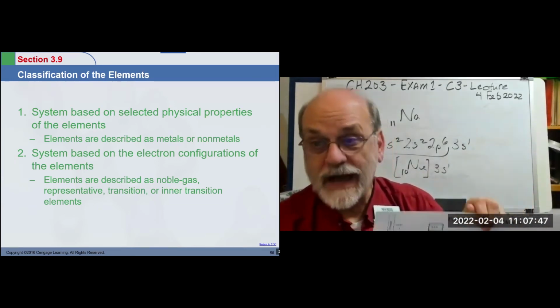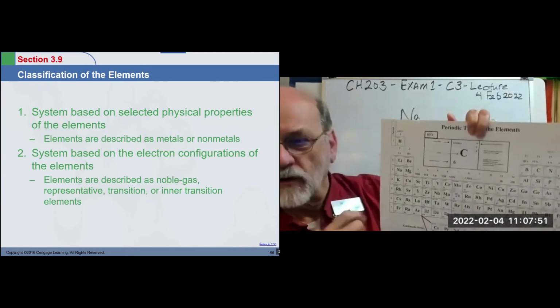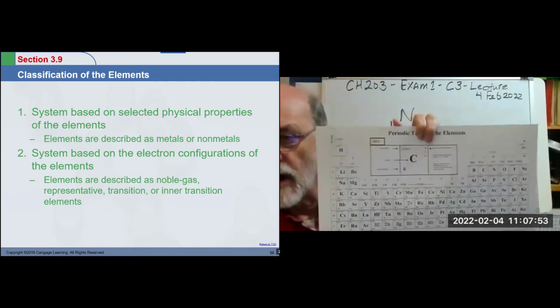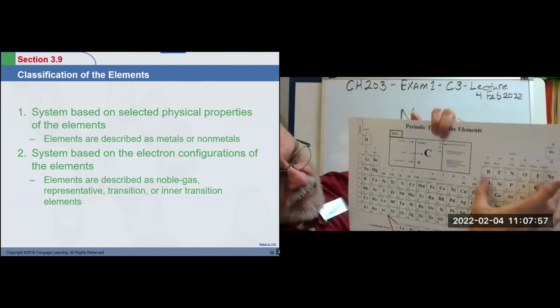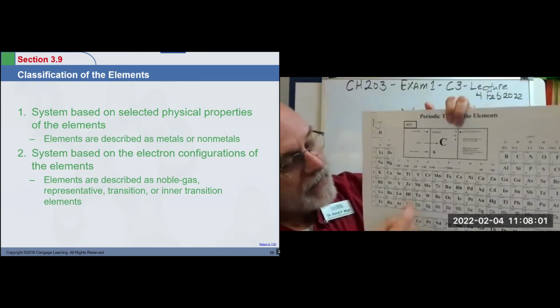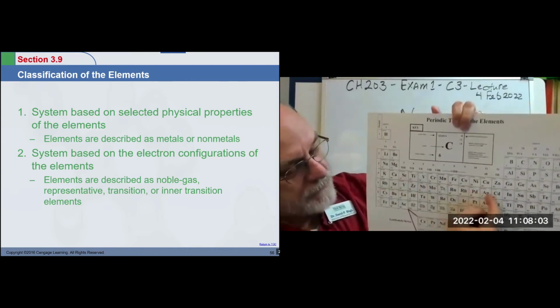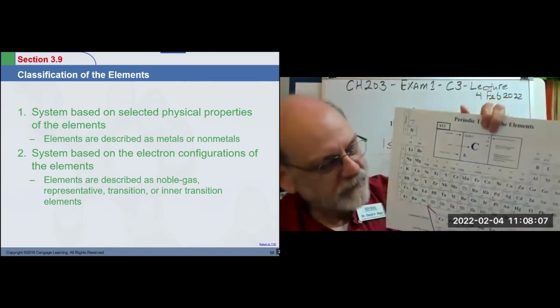The representative elements are those contained in these two columns and these right here, 6 columns. Those are representative elements. These are transition elements here because they transition from one side to the other. These are noble gases.